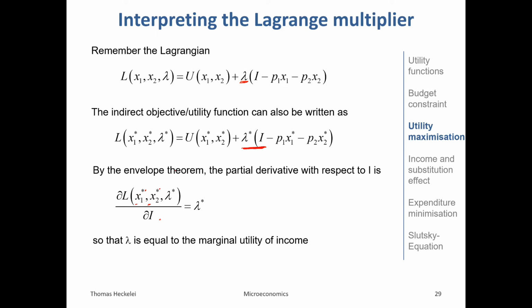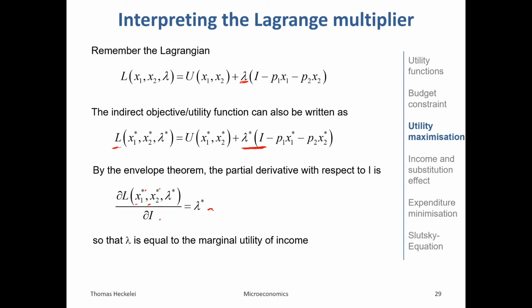And then we take the derivative of the objective function, the Lagrange function, with respect to I, treating I now as a variable, while keeping x1 and x2 constant at their optimum values. And then we arrive at lambda.